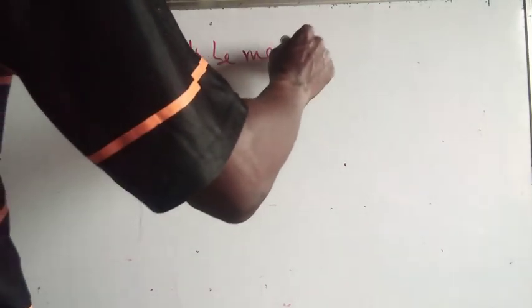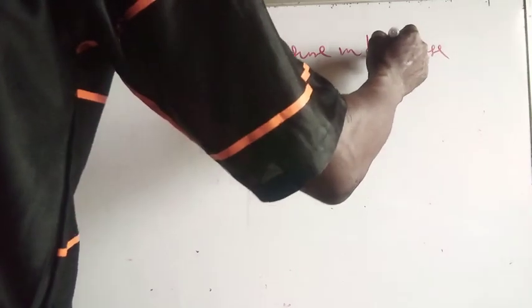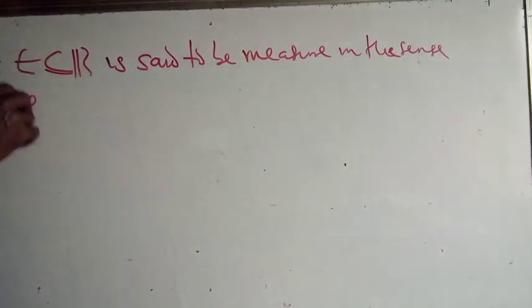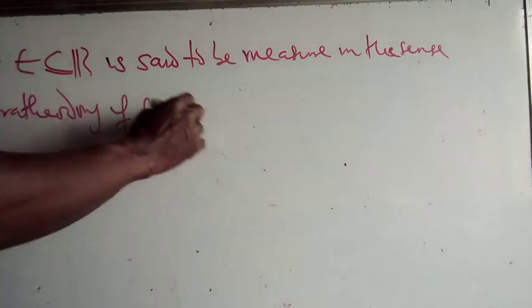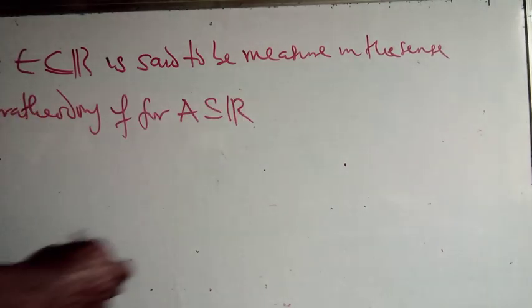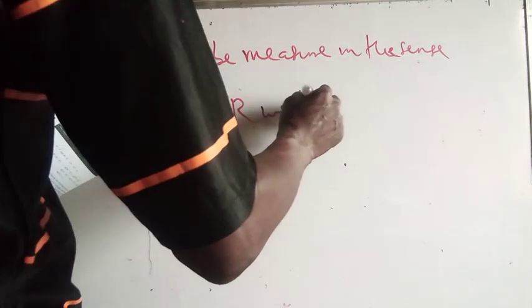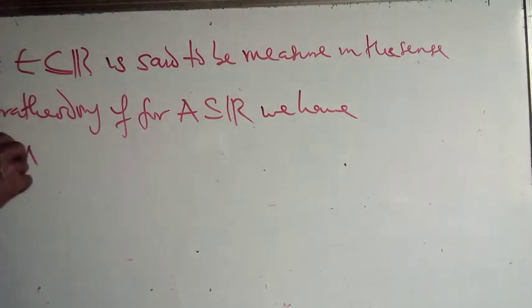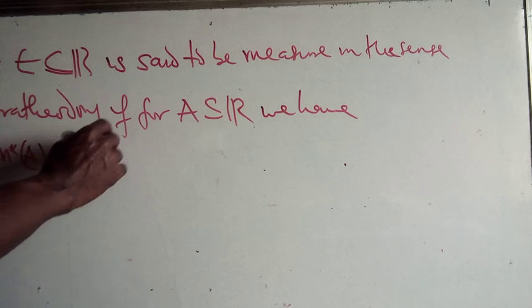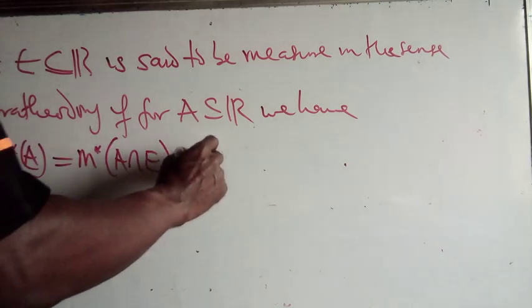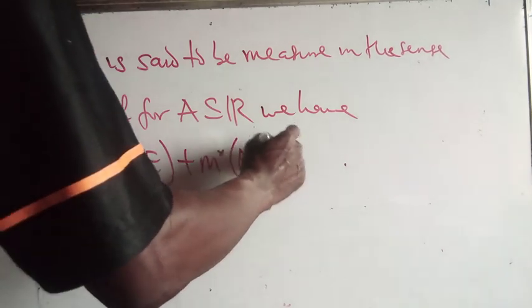Now, a set E in R, let's say we use just a one-dimensional example, is said to be measurable in the sense of Caratheodory if, for another subset A in that set of real numbers, the outer measure of A is equal to the outer measure of A intersection E plus the outer measure of A intersection E complement.